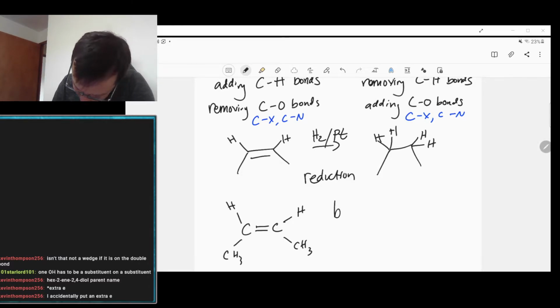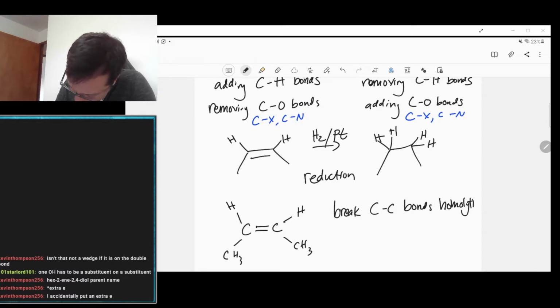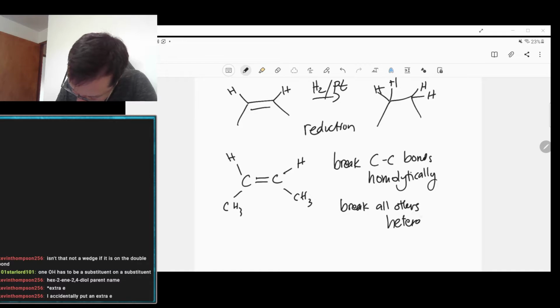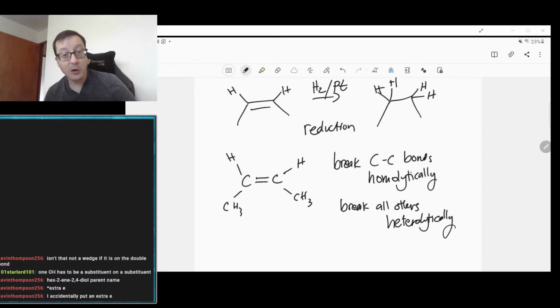We are going to break CC bonds homolytically, and we're going to break all others heterolytically, if we're looking at oxidation number.